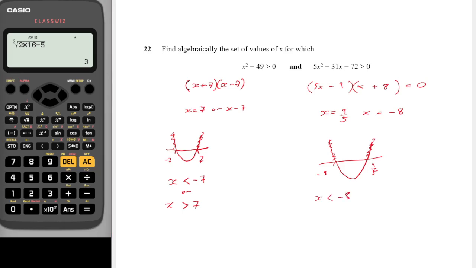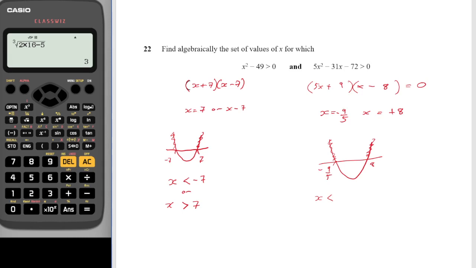And I've just spotted I've actually got my signs the wrong way around here. That should have been minus 40 plus 9. So I've got my values the wrong way. So it should have been minus 9 over 5 or plus 8.